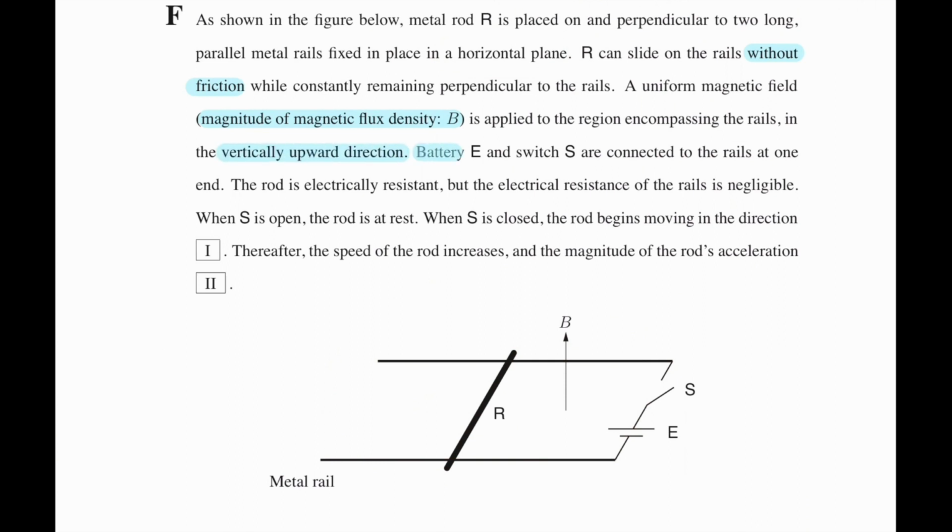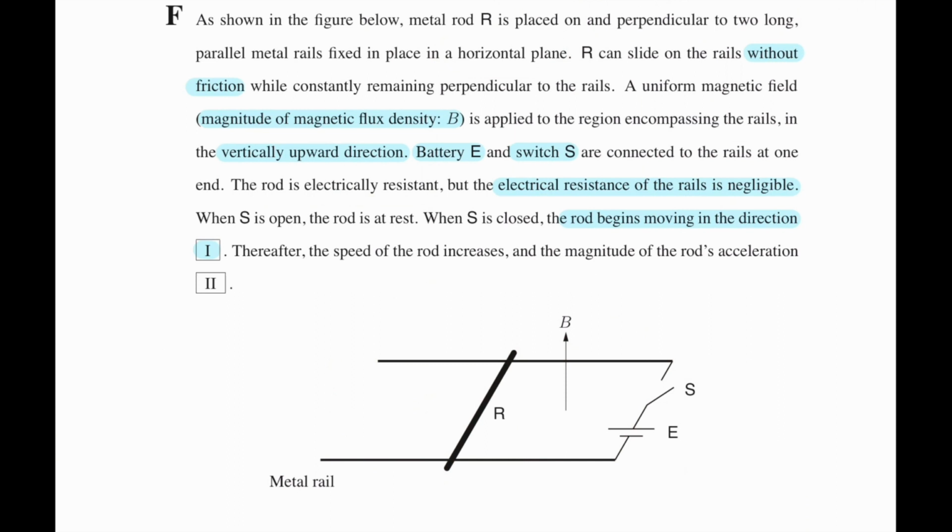Battery E and switch S are connected to the rails at 1. So we have a battery here and the switch there. The rod is electrically resistant. So this rod has a resistance, but the electrical resistance of the rails is negligible. When S is open, the rod is at rest. When S is closed, the rod begins moving in the direction of blah blah blah.